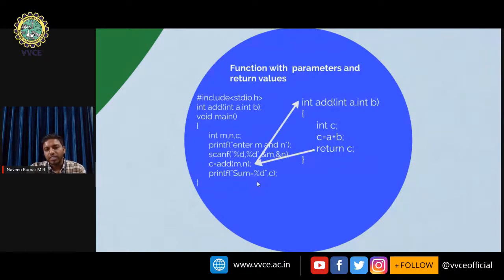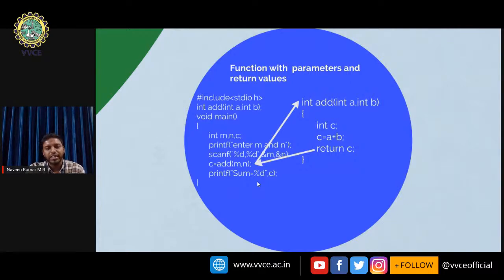So that is my function definition, which is having the parameters. And then what I am doing, I am declaring one more variable, that is an integer type c. Then c is equal to a plus b. So whatever value you are going to pass as an actual argument, that is m comma n, will be stored in the formal arguments, that is a and b.